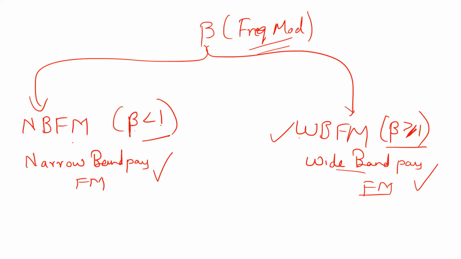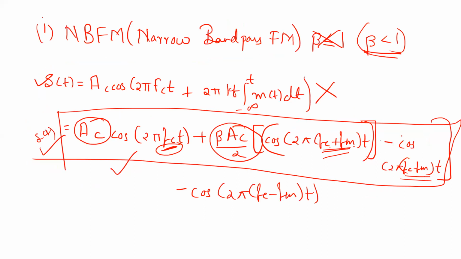Yes. Absolutely. Okay. So let's first write narrowband FM properly before we go to wideband FM, else it will totally get mixed. So first, clearly understand what narrowband FM is. Narrowband FM has modulation index beta smaller than 1. s of t is given as Ac cos 2 pi fc t plus (beta Ac by 2) times [cos 2 pi (fc plus fm) t minus cos 2 pi (fc minus fm) t].